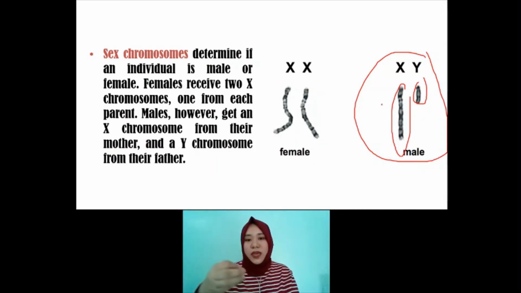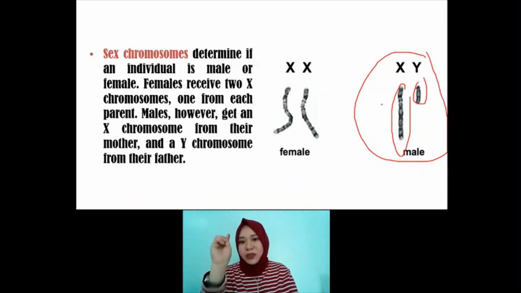So for them to express color blindness, dapat ang duha ka X chromosome should contain the gene that is defective, that should contain the gene that codes for CVD or color vision deficiency. Okay? Dili pareha sa males nga once ang isa niya ka X chromosome contains the gene of CVD, automatically it will express color blindness.